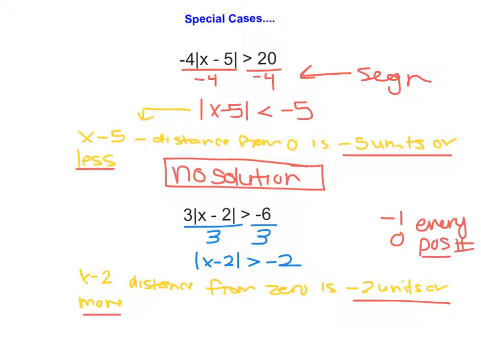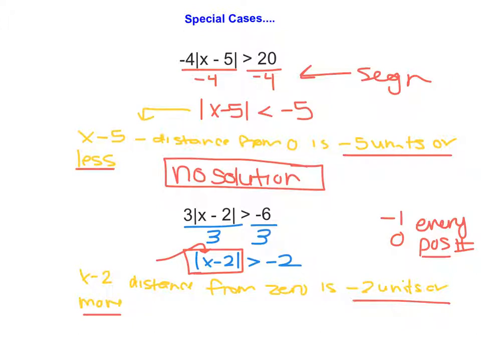Yes, there's negative 1 and 0, but there's also every positive number that exists. So this is saying x minus 2, its distance from 0, is more than negative 2 units, which no matter what you pick for x, whatever you put in there, its absolute value is going to be bigger than negative 2. Pick a number for x, subtract 2 from it, take its distance from 0.